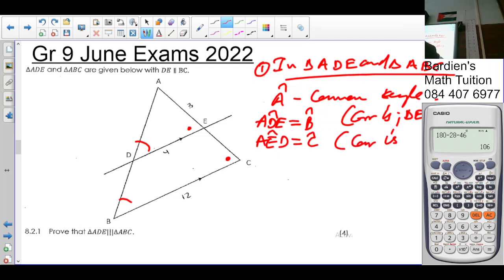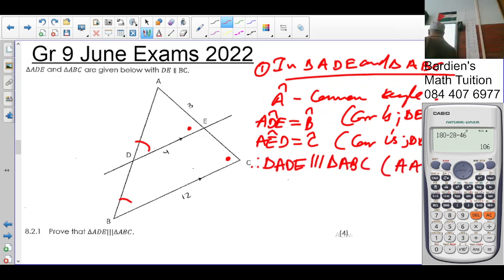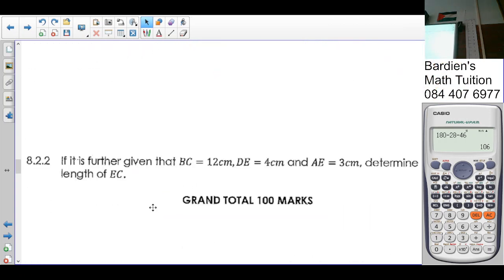Corresponding angles with DE being parallel to BC. Or I could have said third angle of a triangle. Therefore, triangle ADE is similar to triangle ABC. Why? Angles. When we prove similarity, we only prove that the angles are the same.